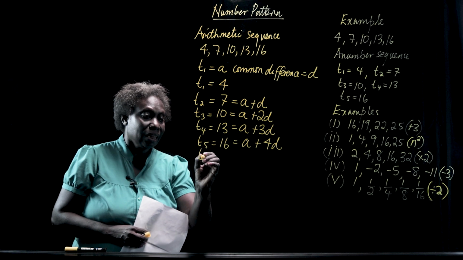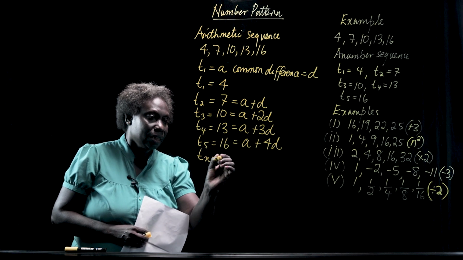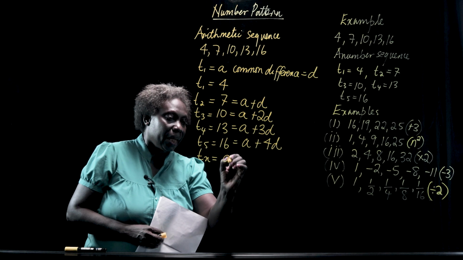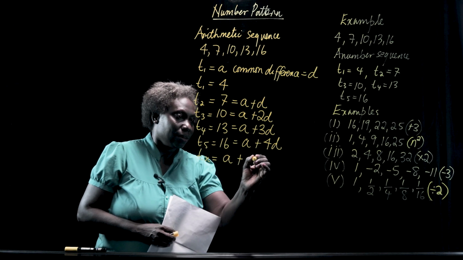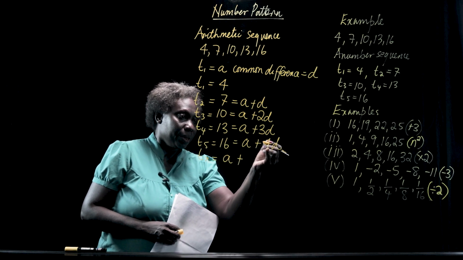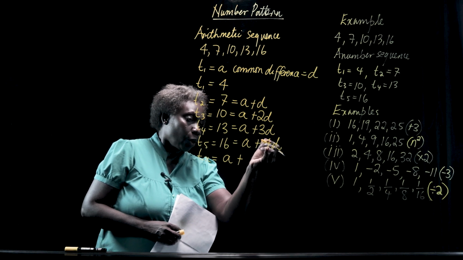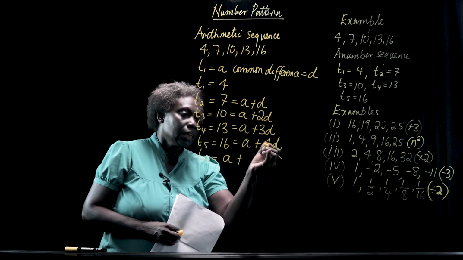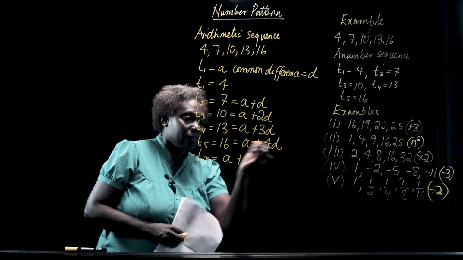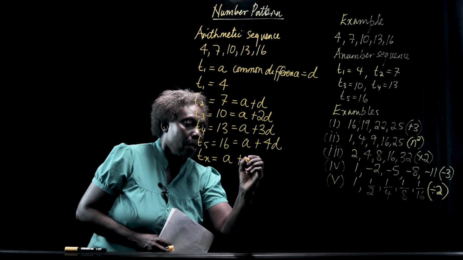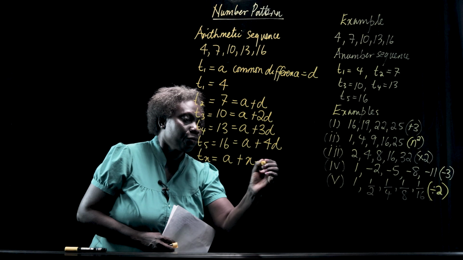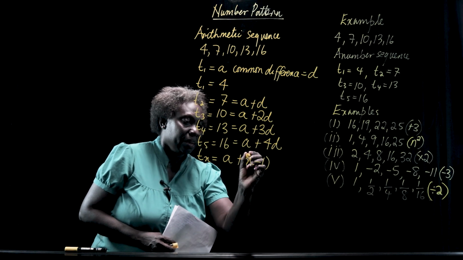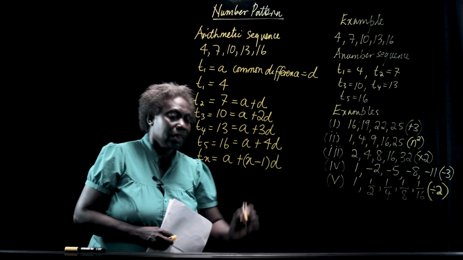The nth term, Tn, is equal to A plus the coefficient of D, which is the number that comes before the common difference, found by subtracting 1 from n, then we multiply by D.